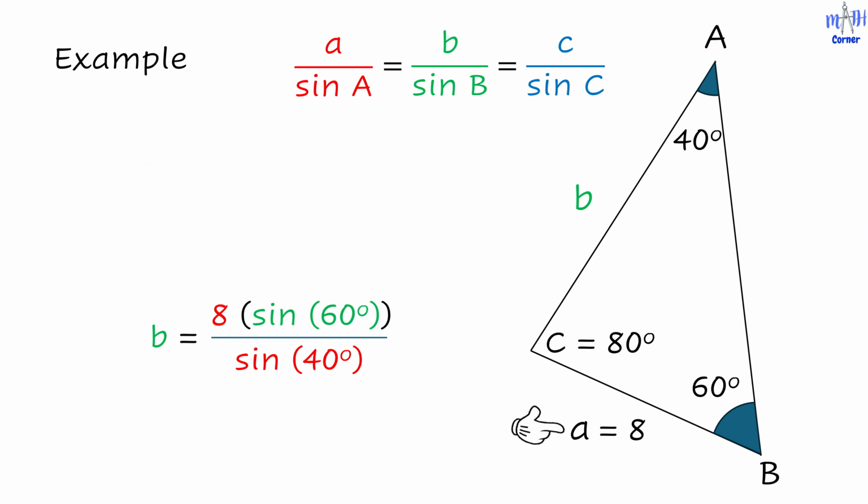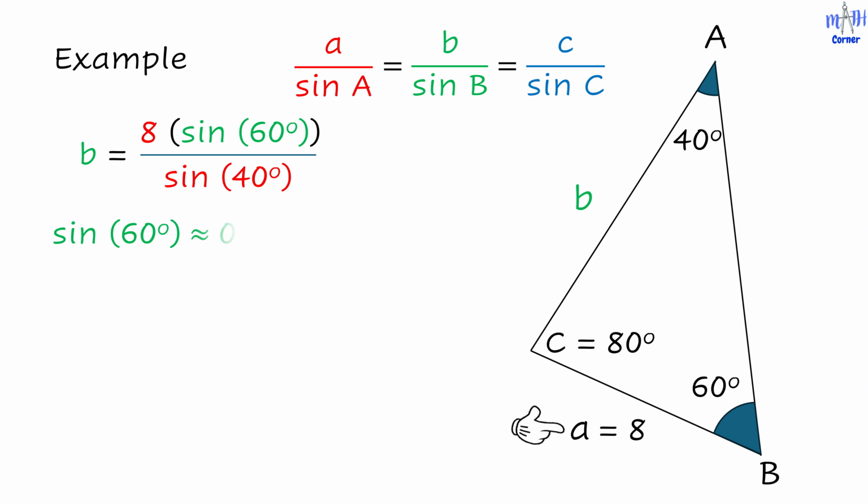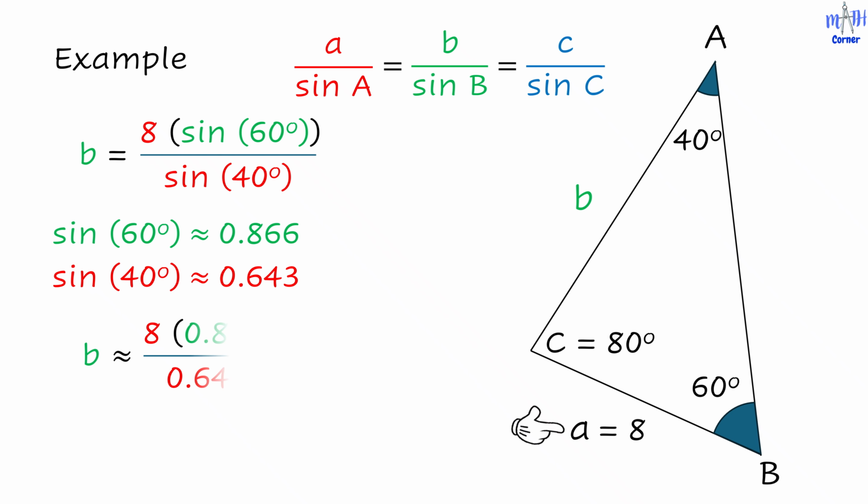Using your calculator, sine 60 degrees is approximately equal to 0.866, and sine 40 degrees is approximately equal to 0.643. So, B is approximately equal to 8 times 0.866 over 0.643. B is approximately equal to 10.78 units.